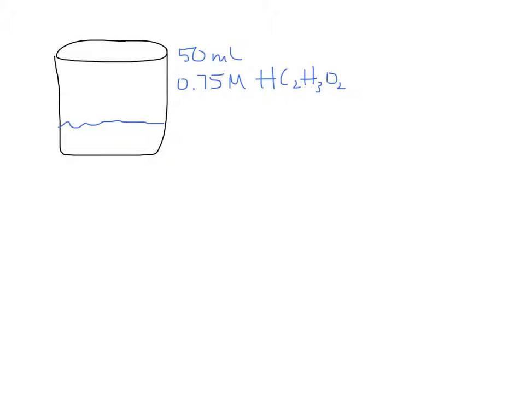But now let's add something to it. So let's add in to that solution 25 milliliters of a 0.75 molar strong base. And the strong base will use potassium hydroxide. We should be able to recognize that whenever you put an acid and a base together, you're going to get a chemical reaction.